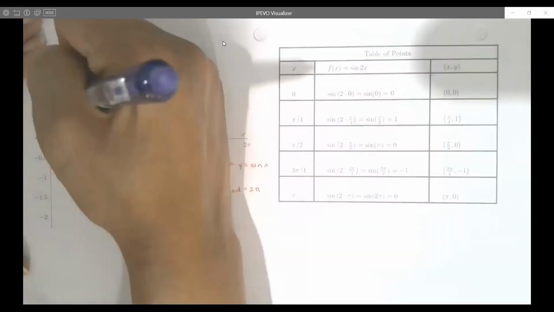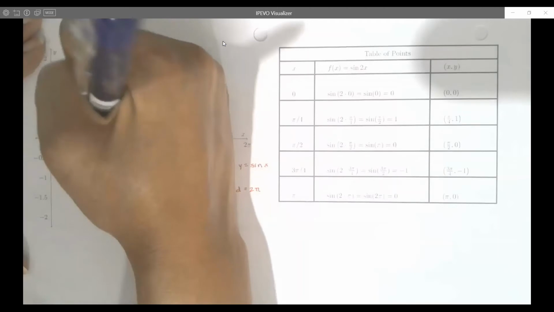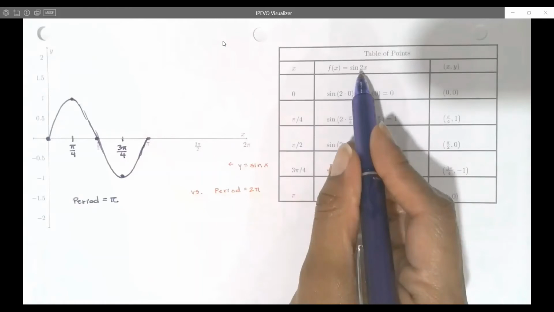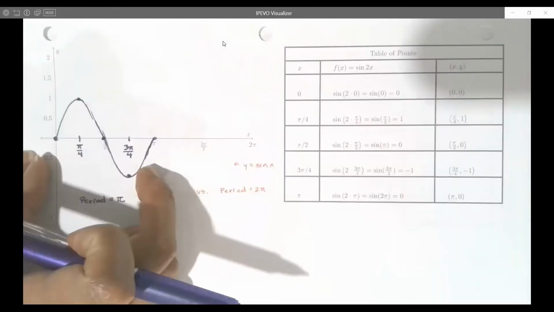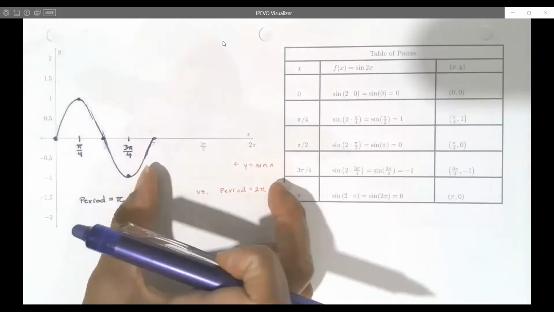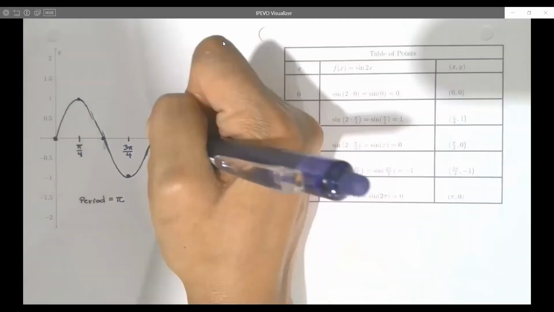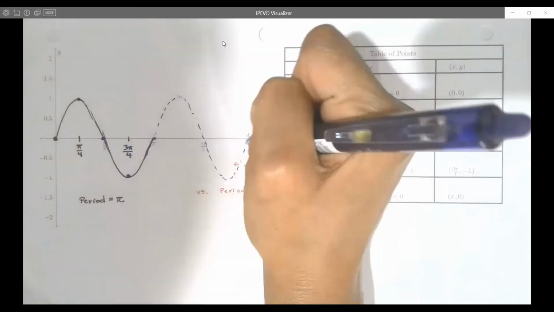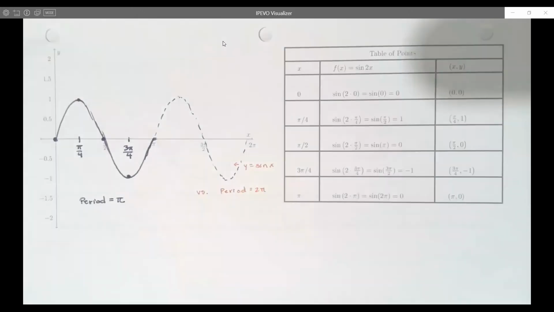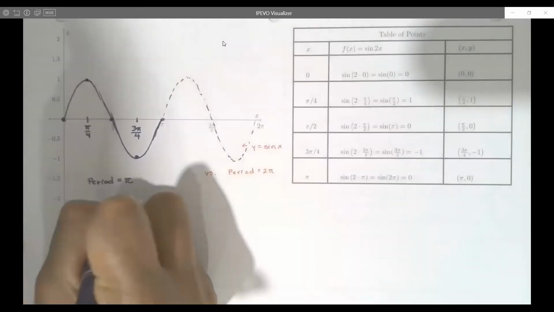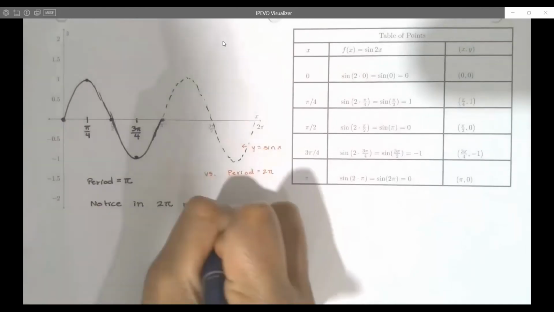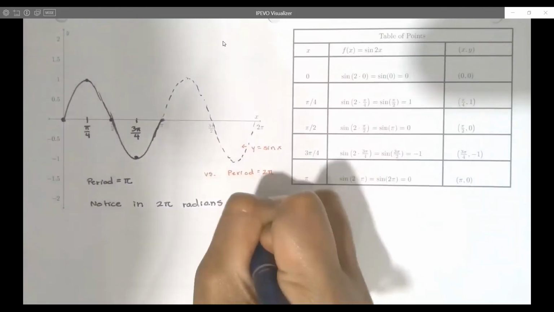So according to the observation we did before, applying it to this one, we're thinking that in 2 pi radians, we're going to be completing 2 cycles. And well, if in pi radians we complete 1, then in 2 pi radians we're completing 2. We can extend this further, and it would complete 2 cycles. So notice in 2 pi radians, the graph completes 2 cycles.